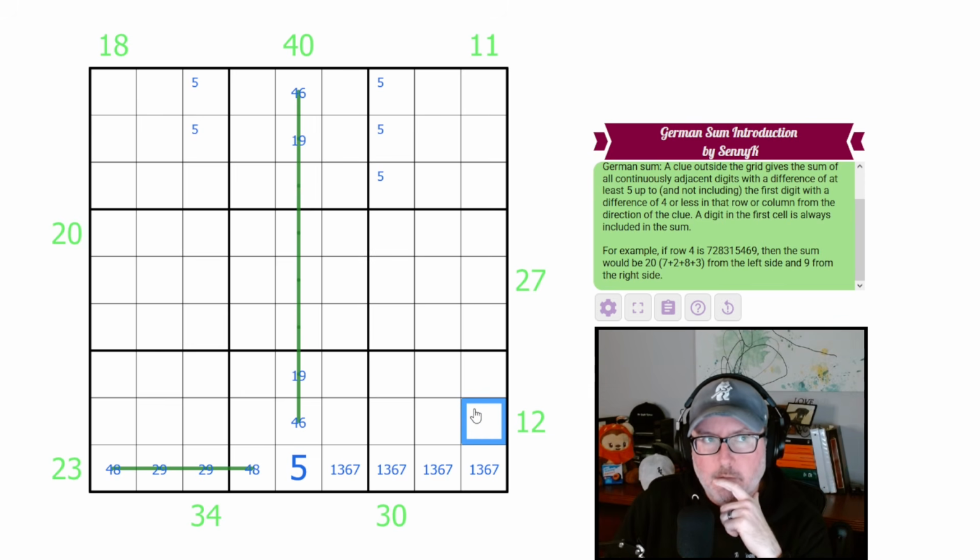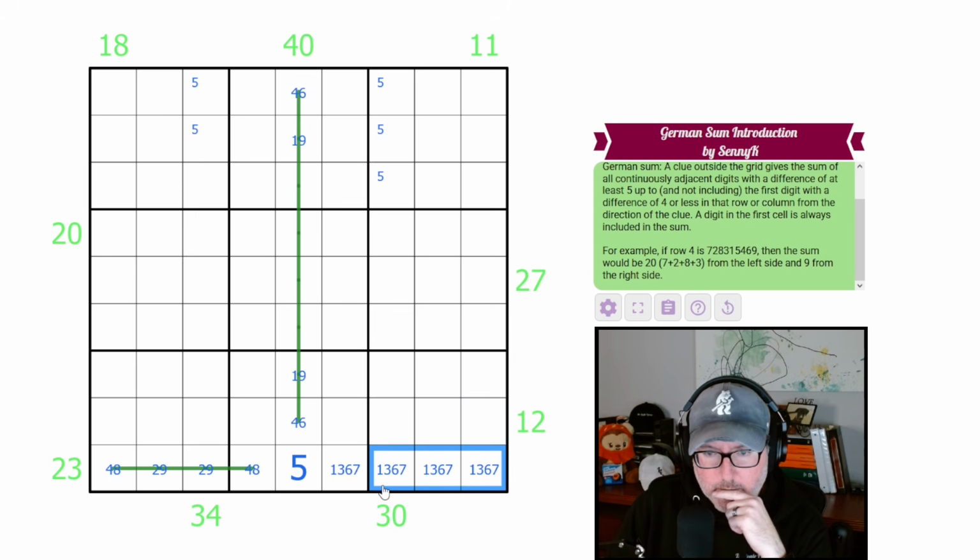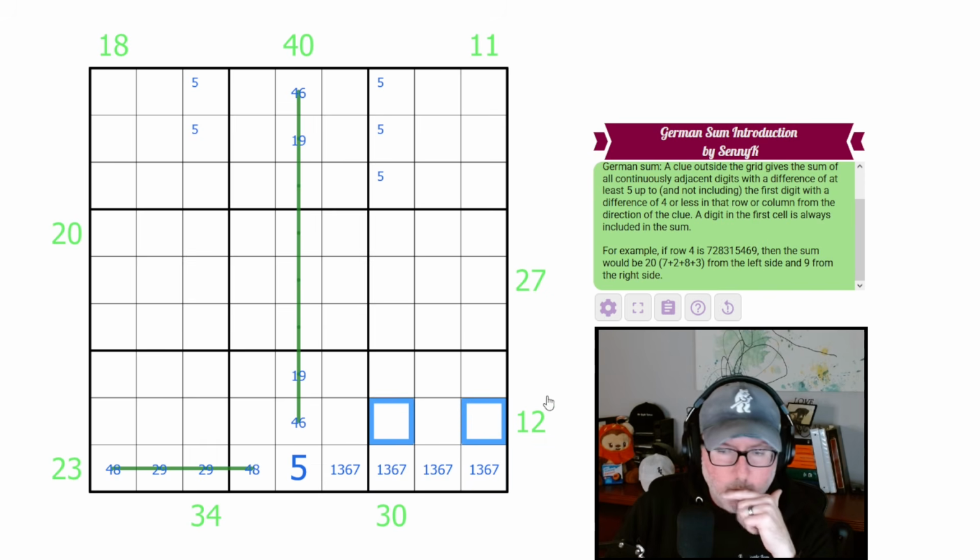There's no other way to go about it. If it was 2 lows, does that break this? No, because we can put 1 low here and another one here. And that should all work.